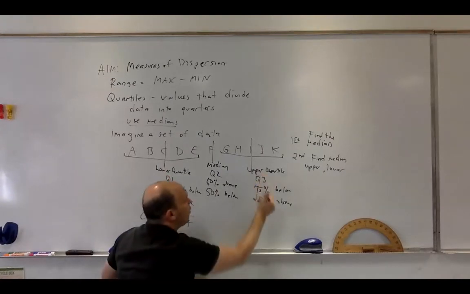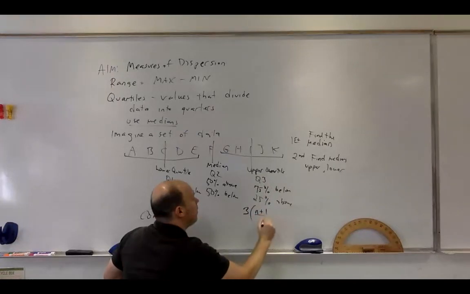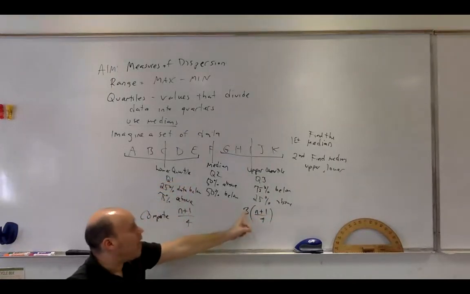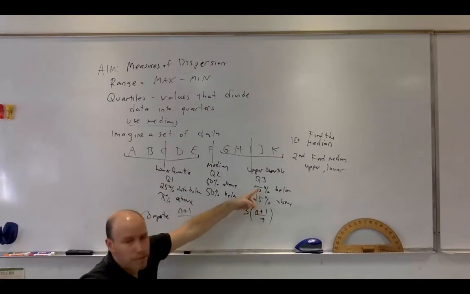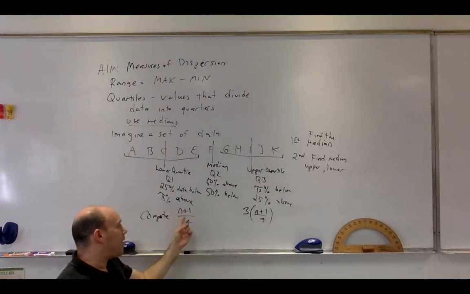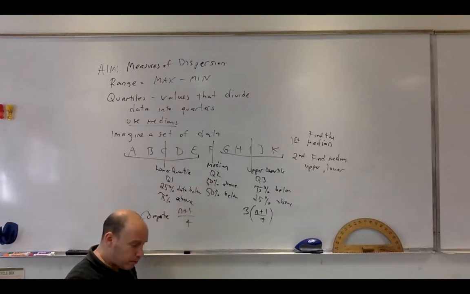And then 3 times that, n plus 1 divided by 4 times 3, gets us to the 75th percentile, or the upper quartile. And that makes sense. Recall from the last lesson, it was n plus 1 over 2.